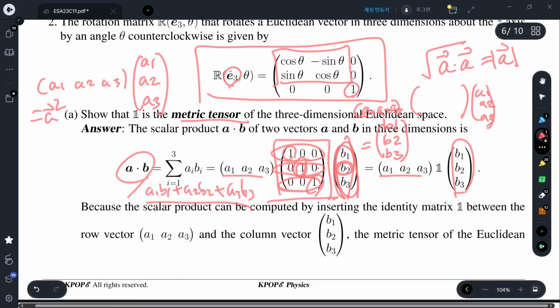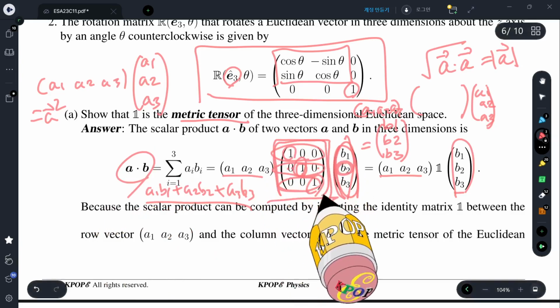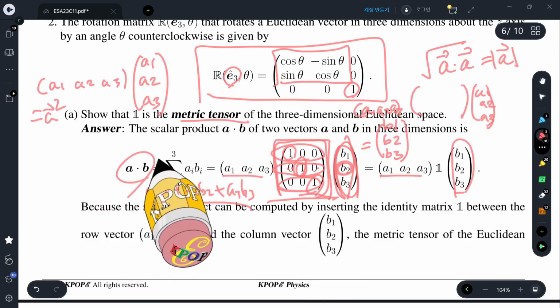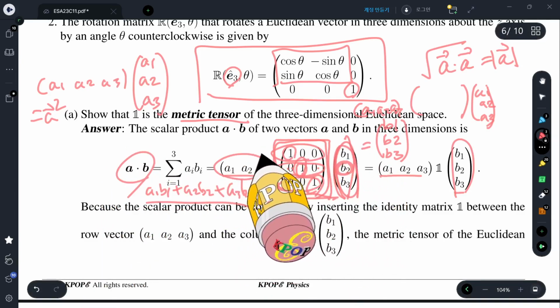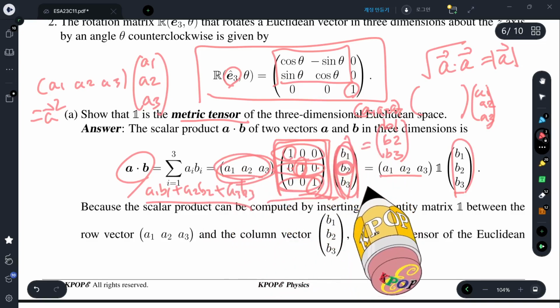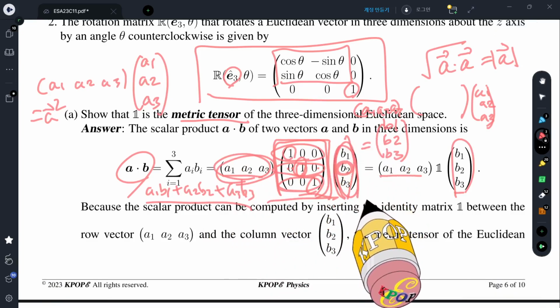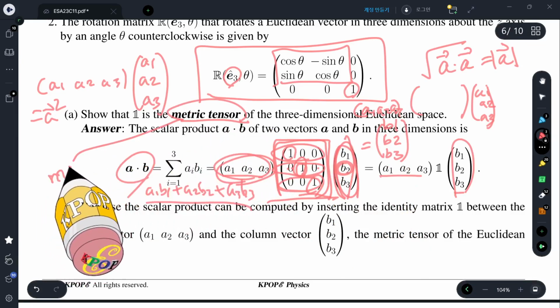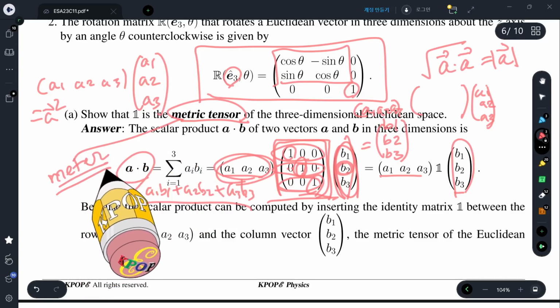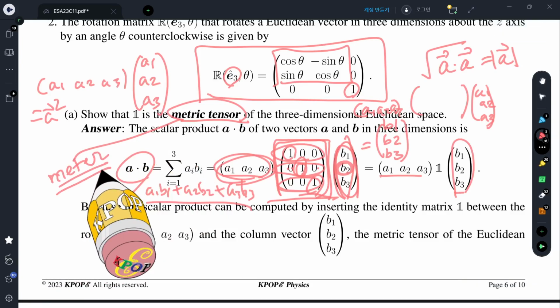So a matrix that can be inserted to obtain the scalar product of two vectors, where one is expressed as a row vector and the other as a column vector, is called the metric tensor. It is a meter, measuring the length.